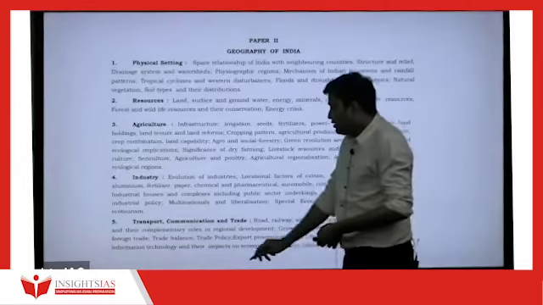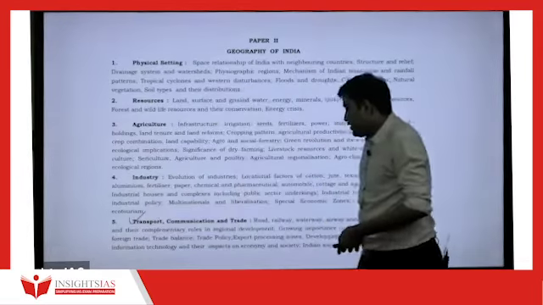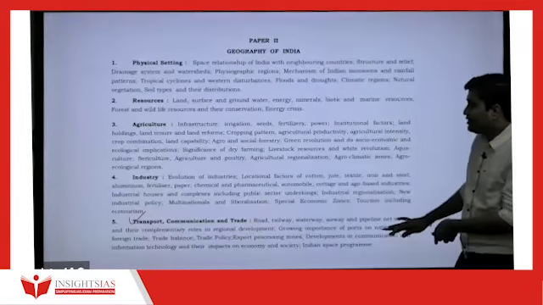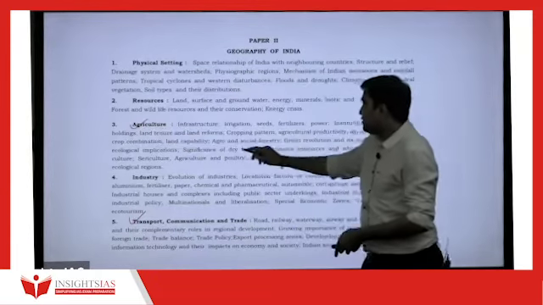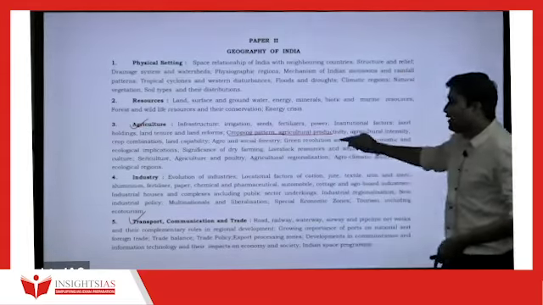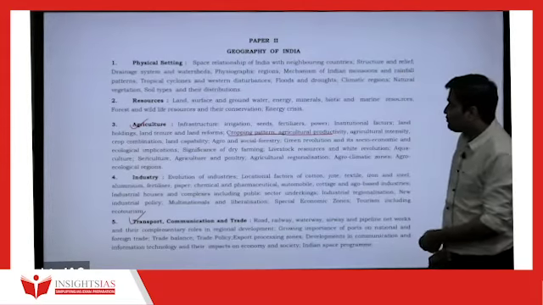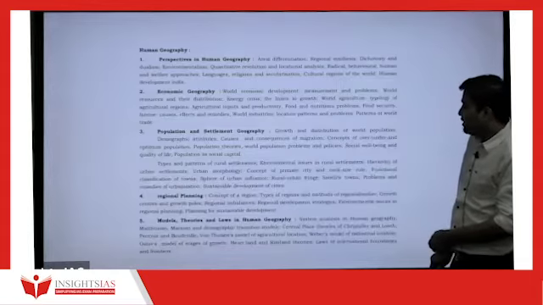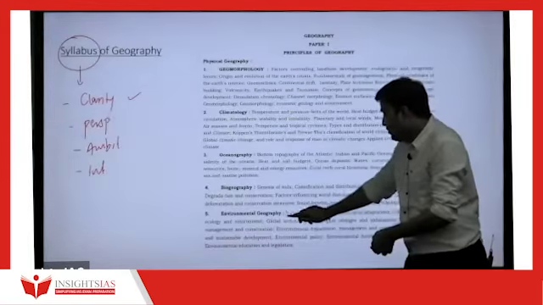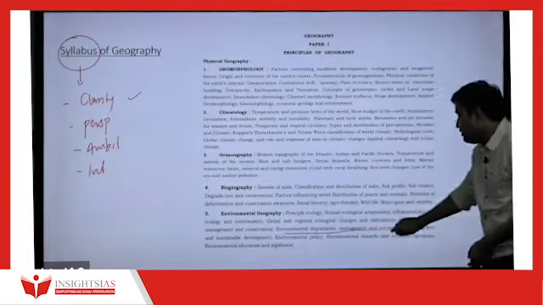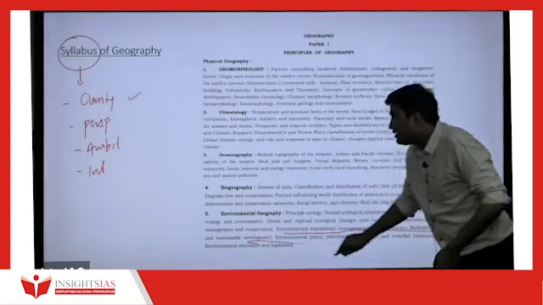See here, transport, communication, trade. Here basically you have foreign trade policy, industries etc. उसके बाद agriculture, cropping pattern, agriculture productivity दिख रहा है ना आपको ये. उसके बाद environment में here environmental geography, environmental degradation management, sustainable development, biodiversity, ये सब कुछ.